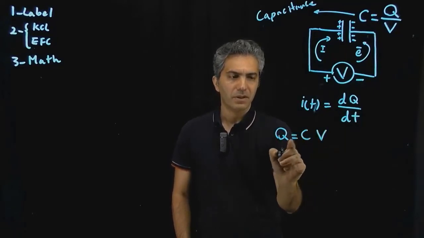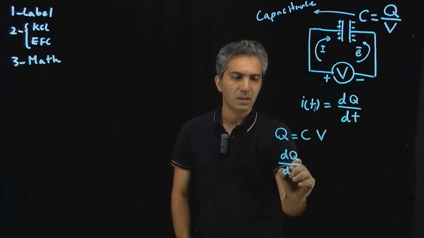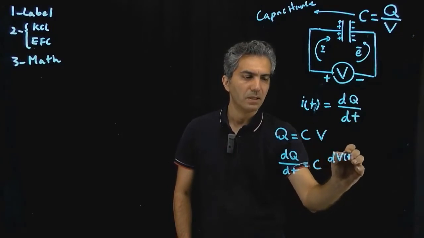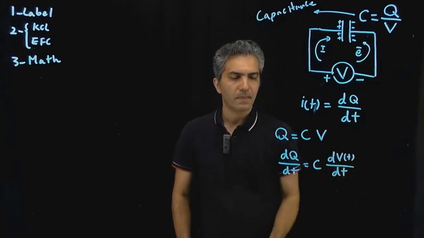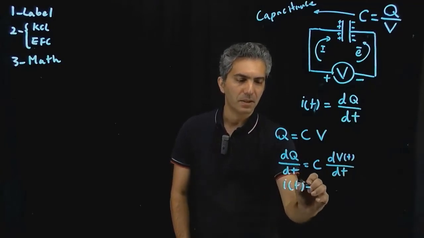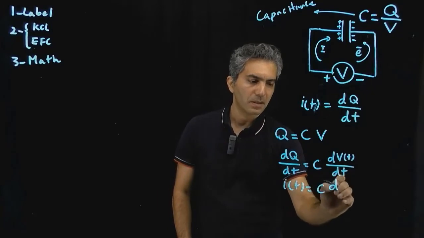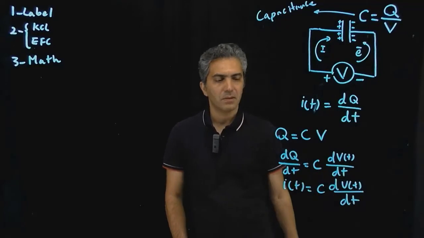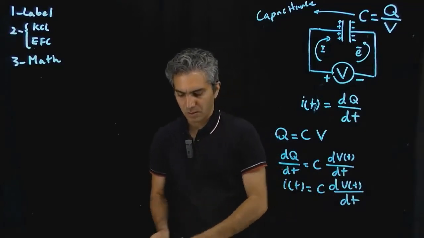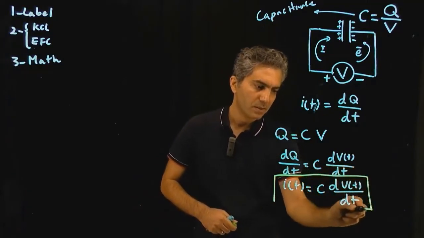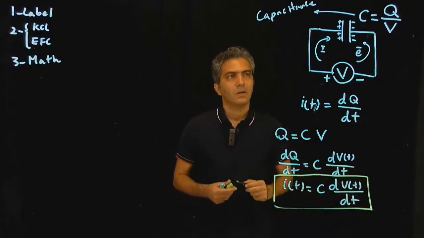If I take the derivative of both sides, dQ/dt is equal to C dV(t)/dt. Now, dQ/dt is i(t), the current, so i(t) equals C dV(t)/dt. And this is the equation I was looking for, that relates the current and voltage of a capacitor.